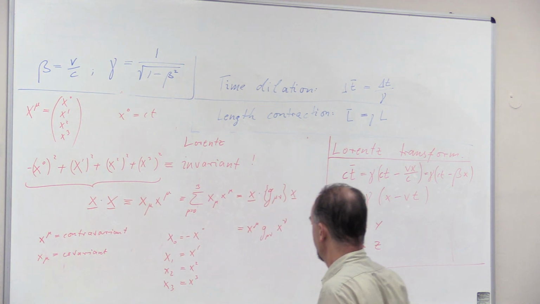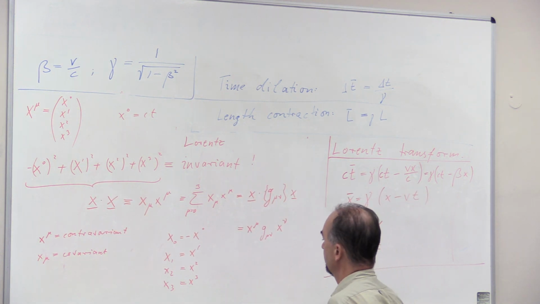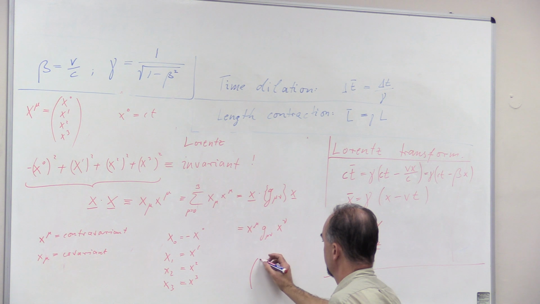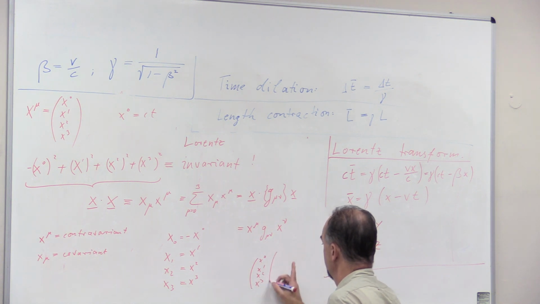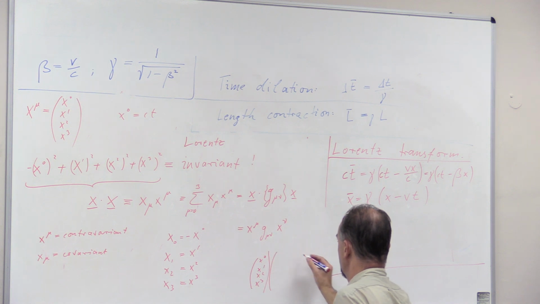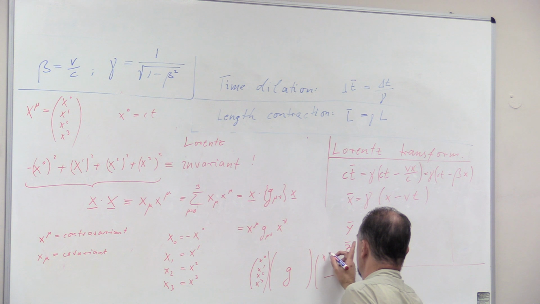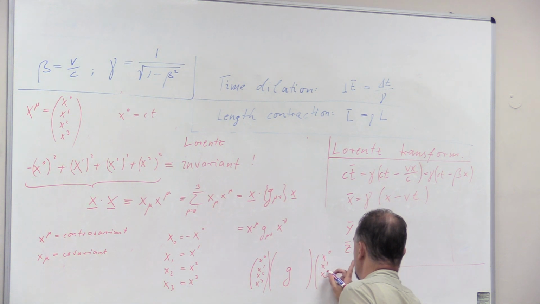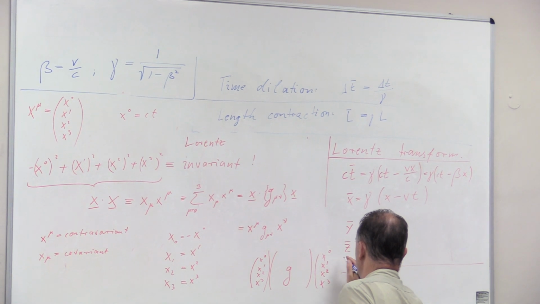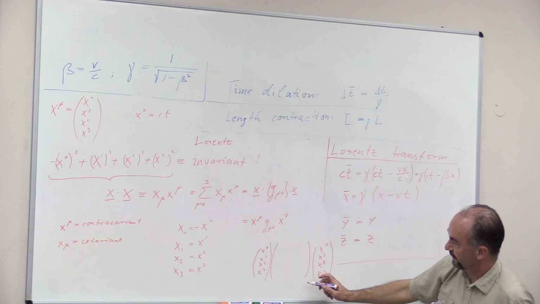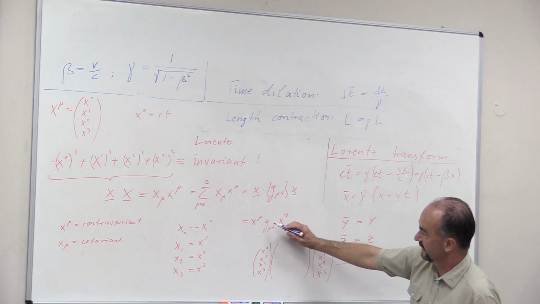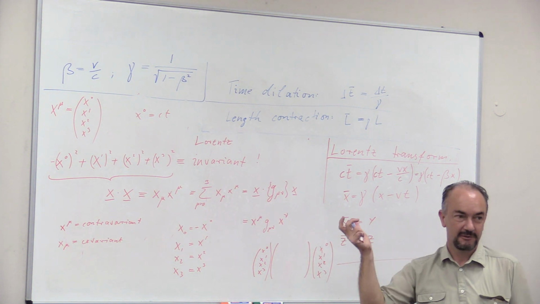Write this as essentially x0, x1, x2, x3 dot G times x0, x1, x2, x3. If you do that, this is of course another 4x4 matrix that we call the metric tensor.